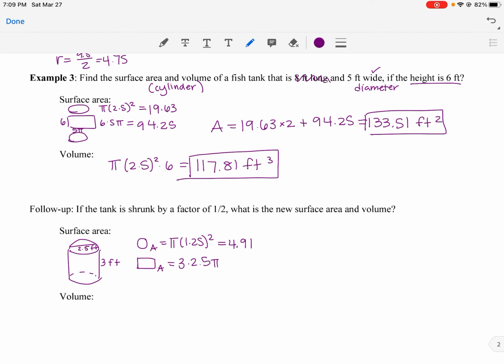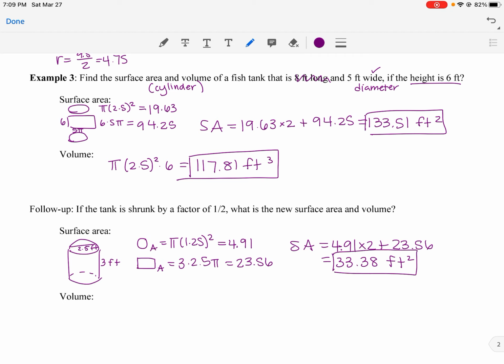So 3 times 2.5 pi gives us 23.56. So the surface area is going to be 4.91 times 2 plus 23.56. So we end up with 33.38 feet squared.